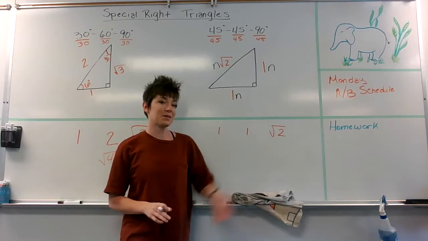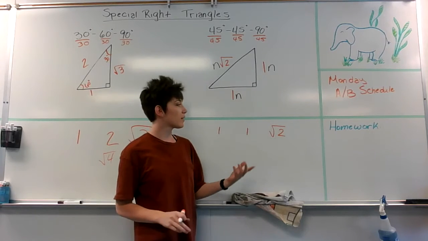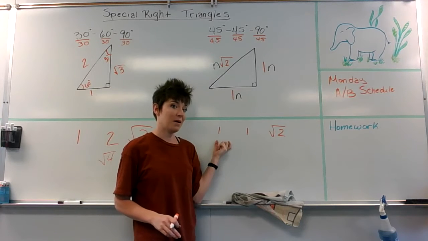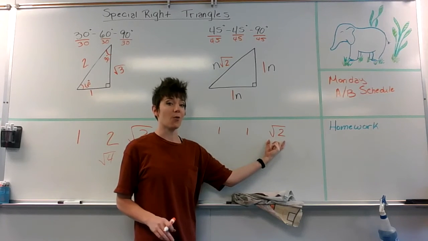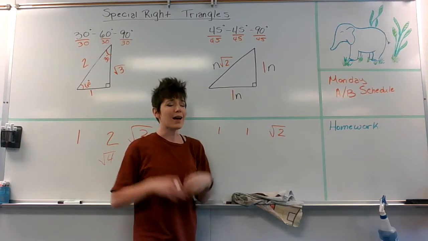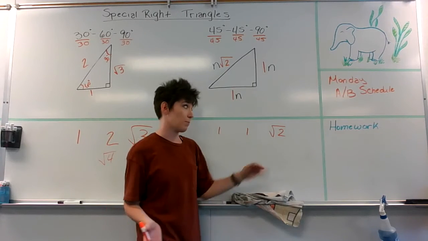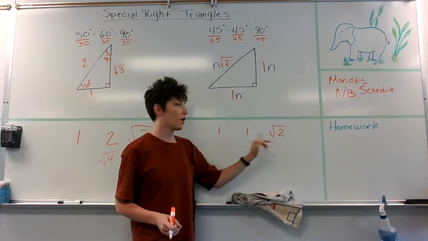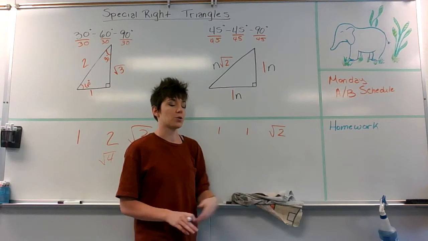And then if I want to place them onto my triangle, well, it's pretty clear to me that square root of 2 is larger than 1 and 1, and so this must go with my hypotenuse. Again, I don't really have a great way of remembering that this has to be the square root of 2, but I do just remember 1, 1, 2, and then the 2 takes the square root.